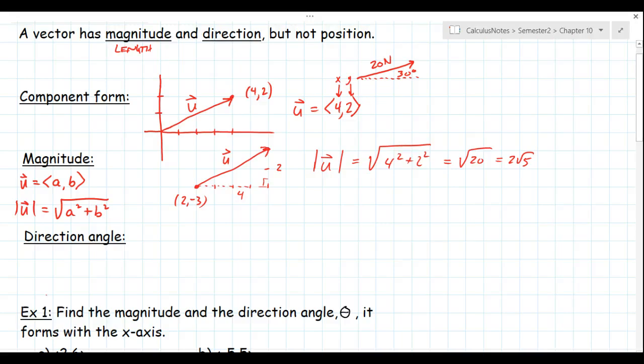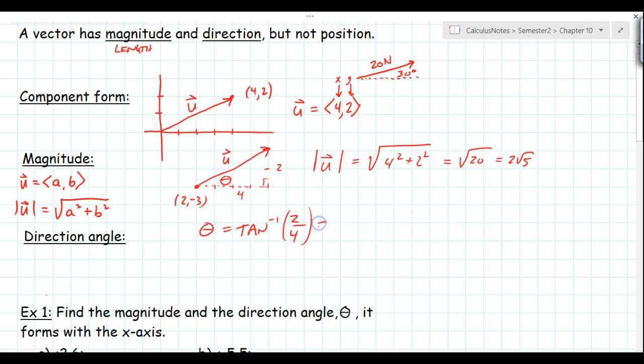To find the direction angle, that's the angle with respect to the positive x-axis, or with respect to the horizon, we can use inverse trig. For example, looking at the vector we drew above, 4 in the x direction, 2 in the y direction, to find theta, I could say theta is equal to inverse tangent of opposite over adjacent.